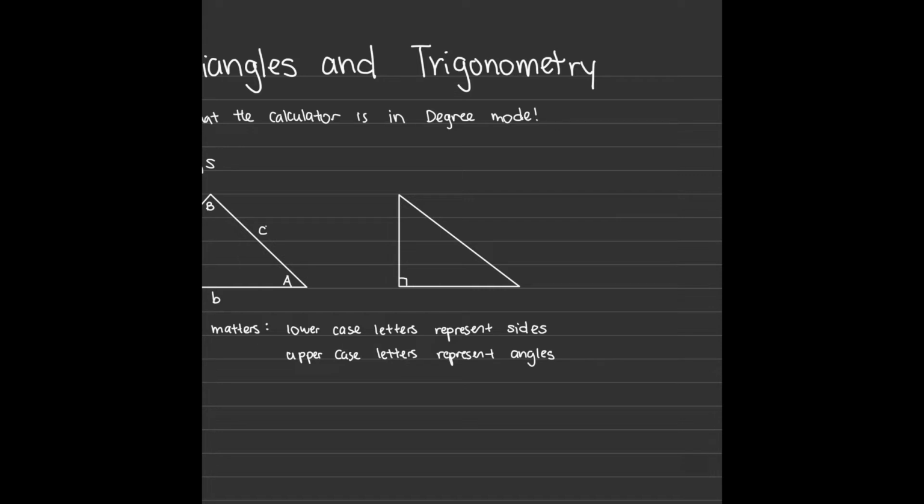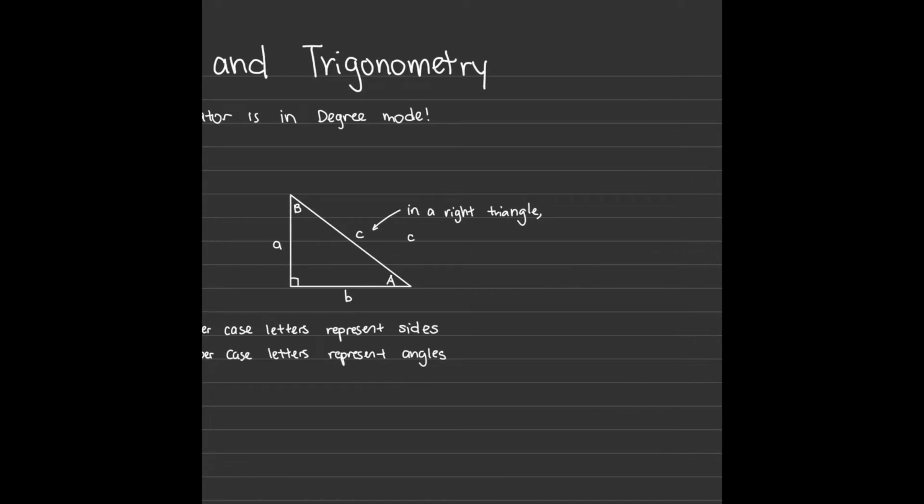In this case, we always want to make sure that our hypotenuse, the side that is opposite the right angle, is always side C. So we'll have angle A and angle B, which makes this side B and this side A. But the important thing here is in a right triangle, C is always the hypotenuse.